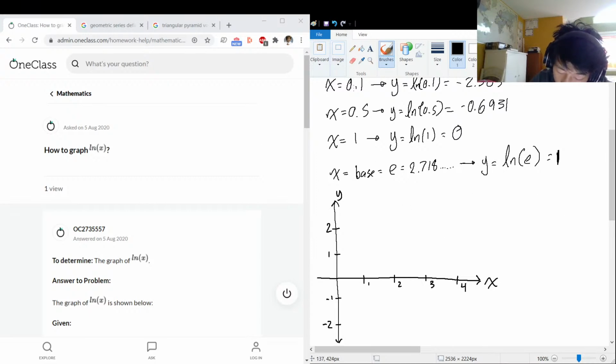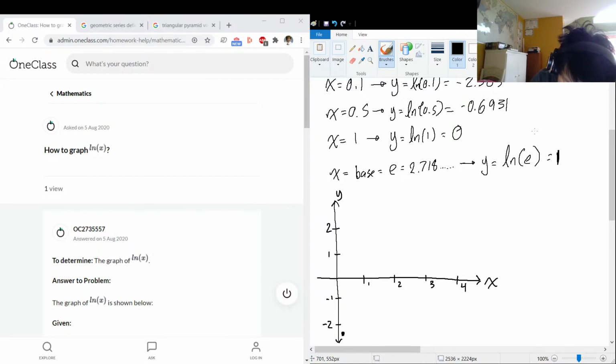So we know at x equals 0.1, y equals -2.303. I think we can draw that just around there. That looks reasonable. Now for x equals 0.5, y equals -0.6931.